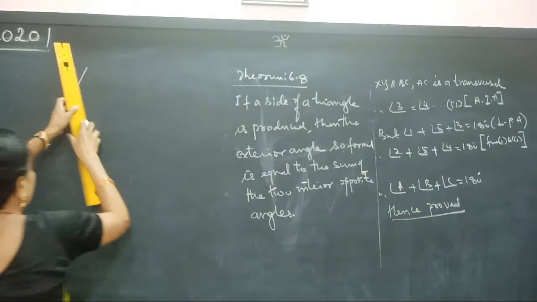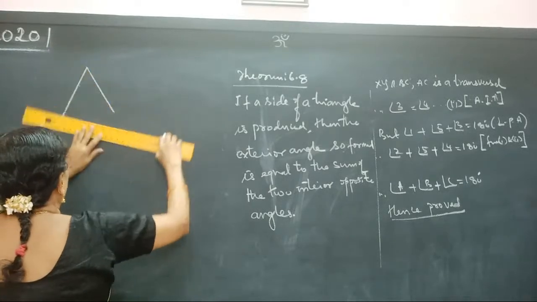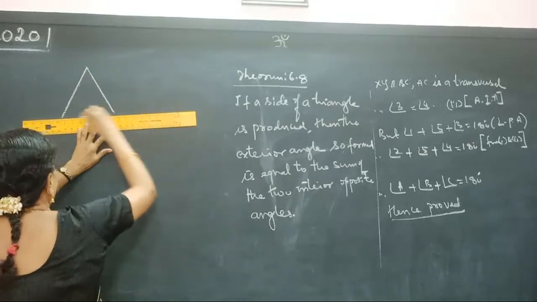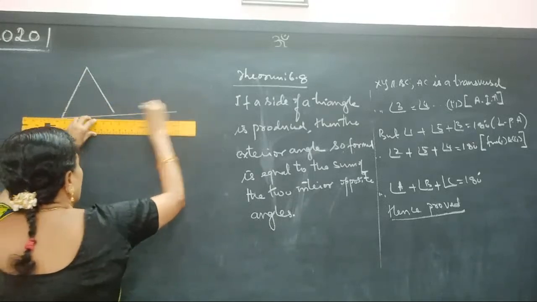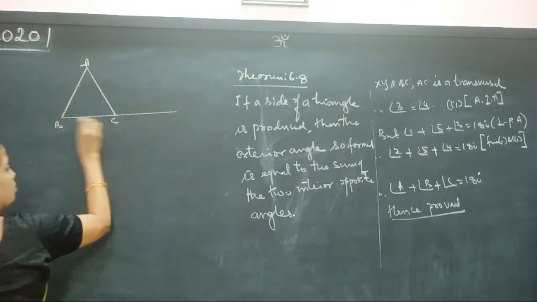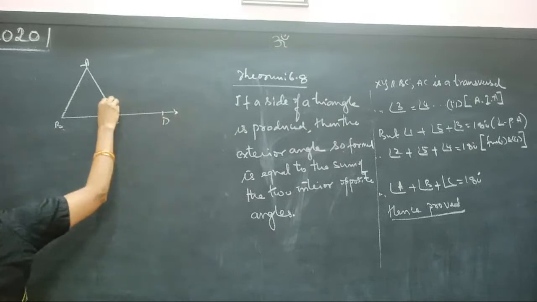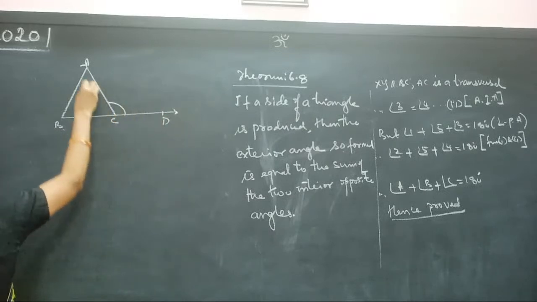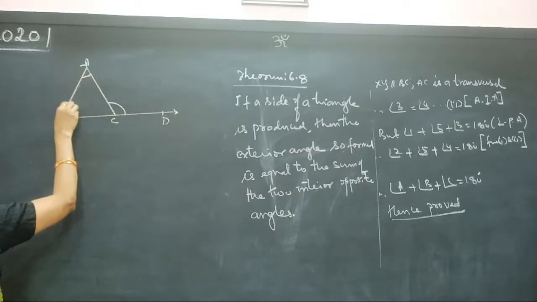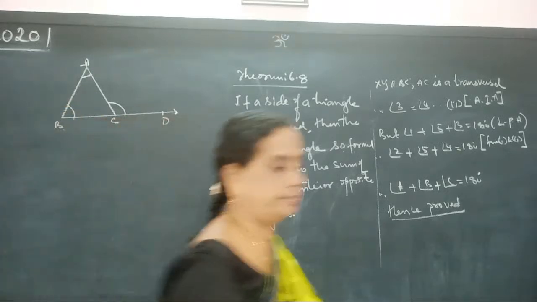This is the triangle ABC, in which side BC has been produced like this. ABC is a triangle. BC is produced to a point D, then the exterior angle so formed equals the sum of the interior opposite angles.